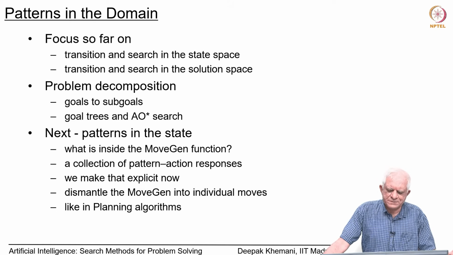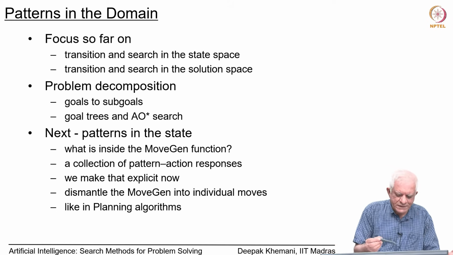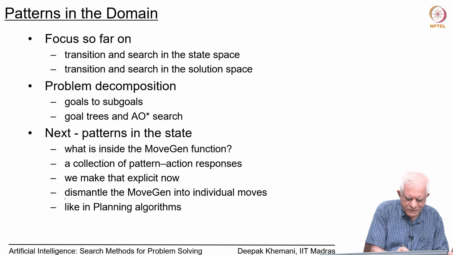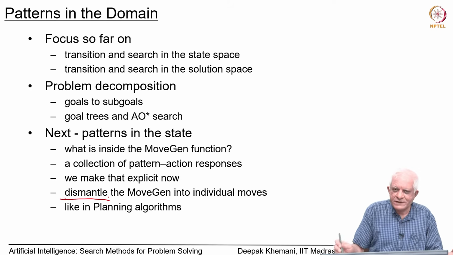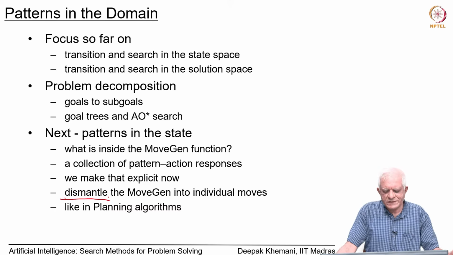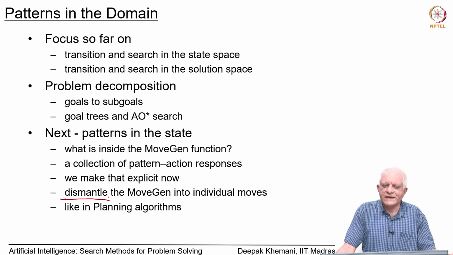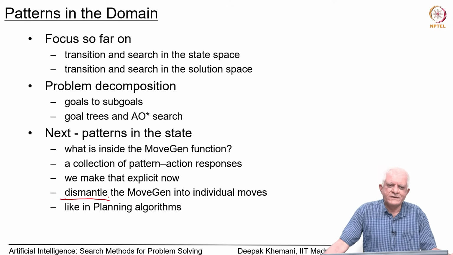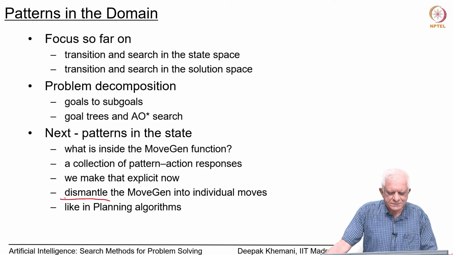So, in some sense, we are going to dismantle the move into individual moves, and then we will worry about how those individual moves can be reasoned with. We did a little bit of that during planning algorithms.